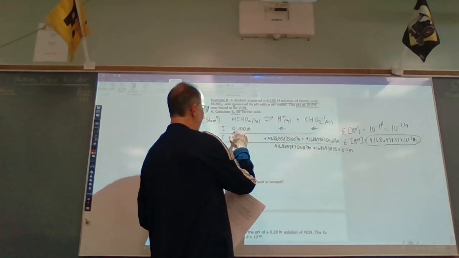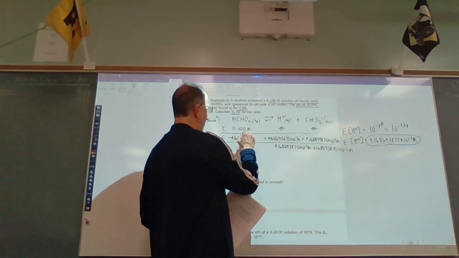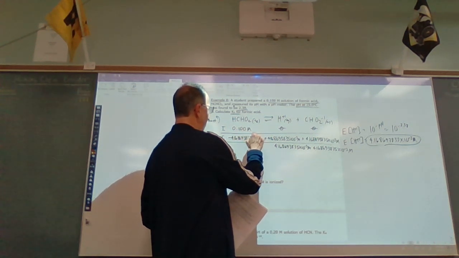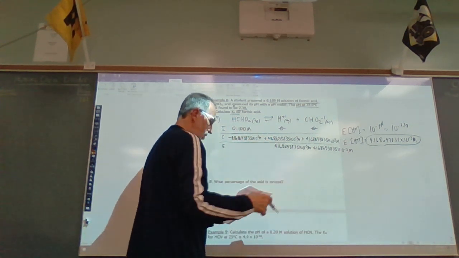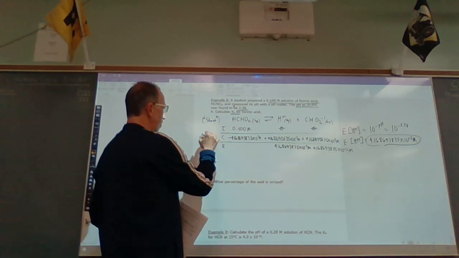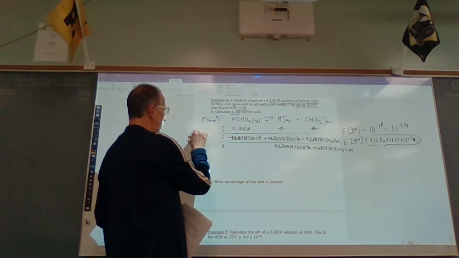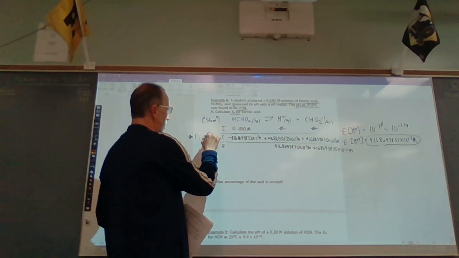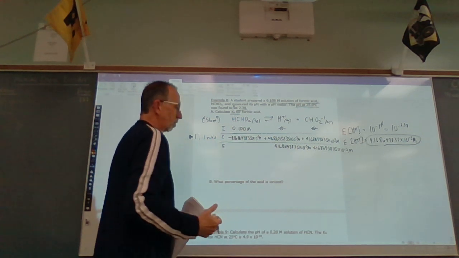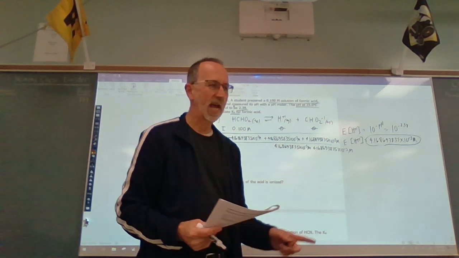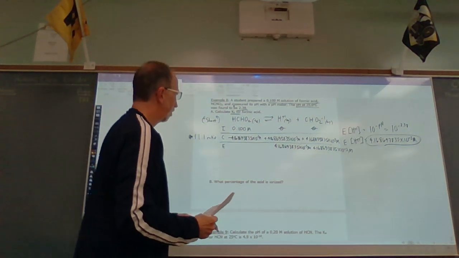So this would be minus 4.16869 3835 times 10 to the minus third molar. Just a little reminder, 1 to 1 to 1 ratio. That's the beauty of Ka, we have this 1 to 1 ratio throughout.